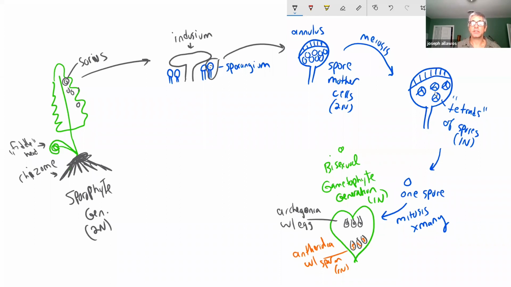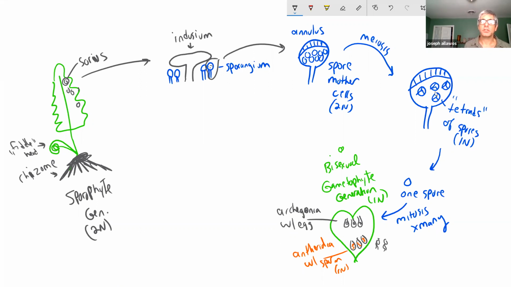And so the idea is that the sperm mature first and they're released into the environment. Off they go, swimming away, looking for an egg in another gametophyte that's a little further along. So once the sperm are gone, then the eggs become viable, and fertilization can occur. So the idea is sperm from some other gametophyte are going to get these eggs.